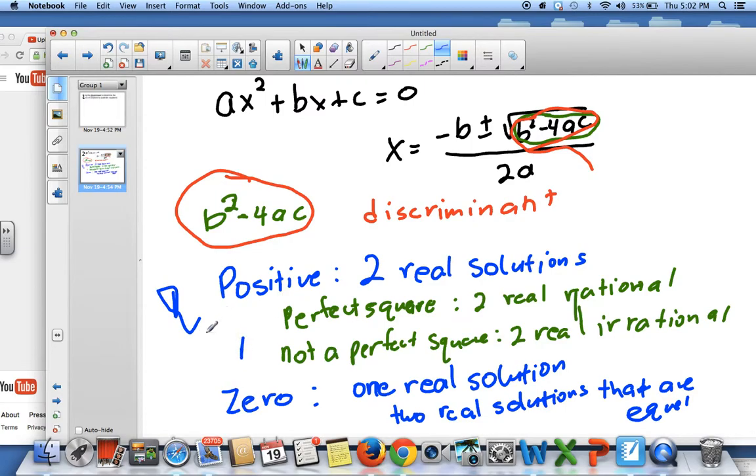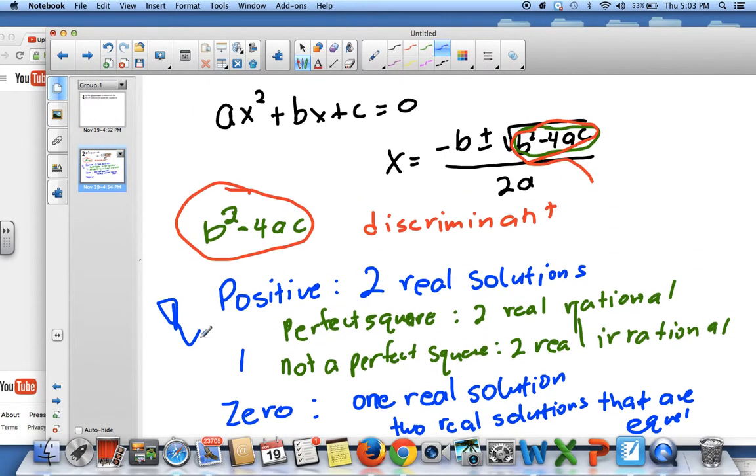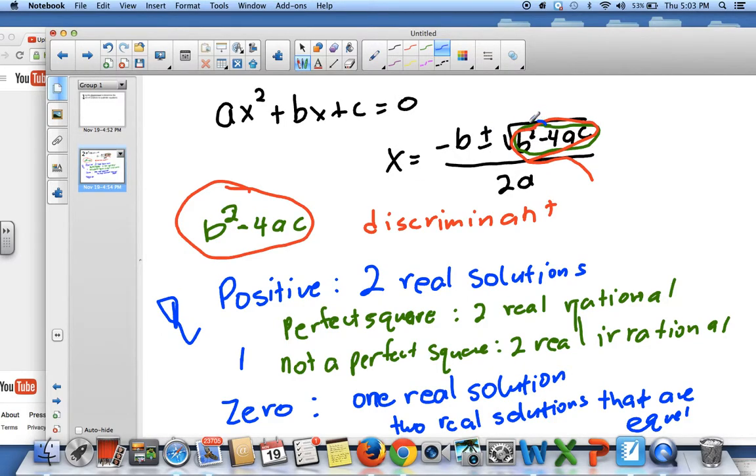Let's see if I can do this right. So if it's negative, I'm talking about the discriminant being a negative number. What happens then is I look at my discriminant, that's this part right here. If that's a negative number, I have a square root of a negative number.